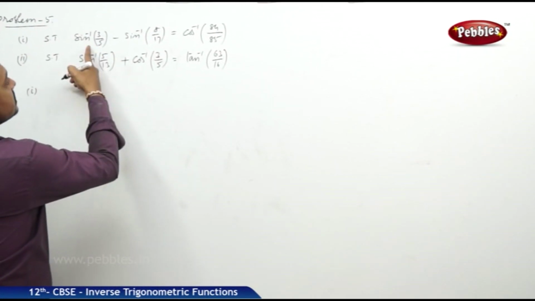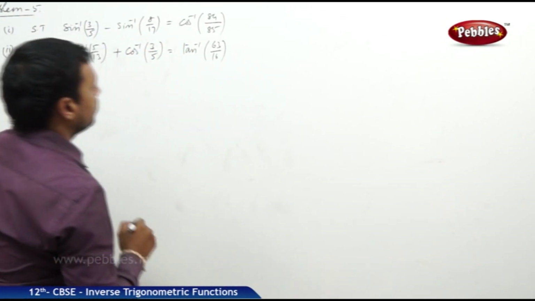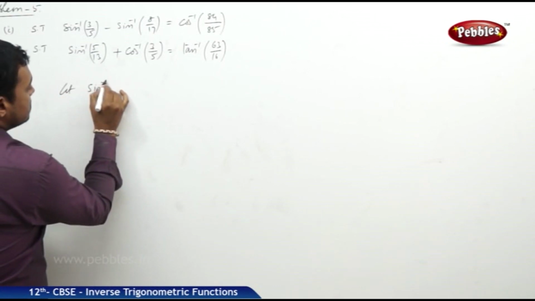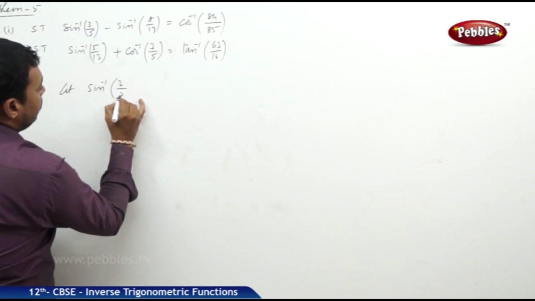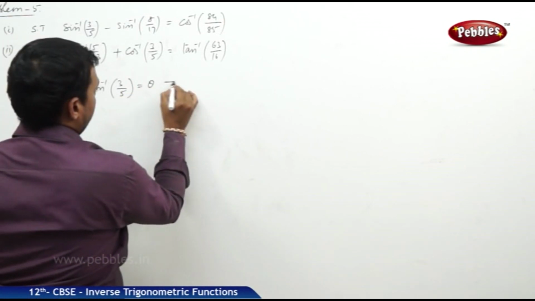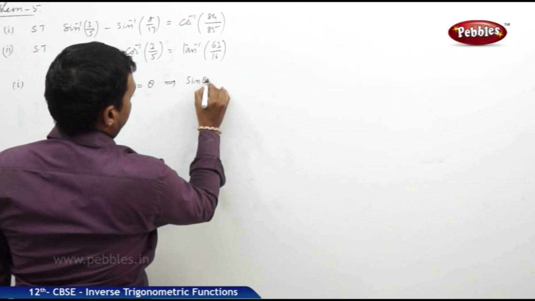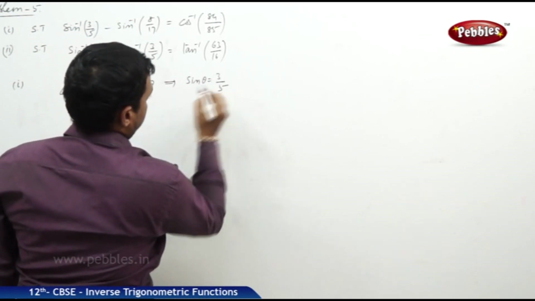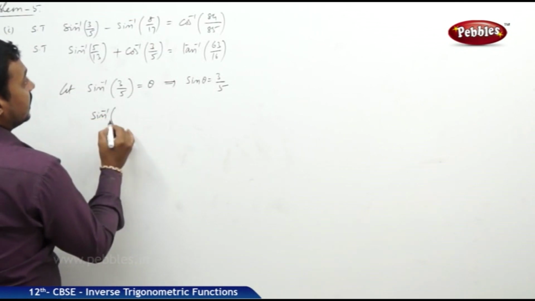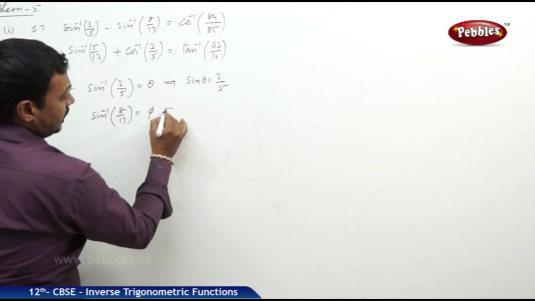So to prove sin inverse 3 by 5 minus sin inverse 8 by 17 is equal to cos inverse 84 by 85, let us consider sin inverse 3 by 5 is equal to some theta. That implies sin theta is equal to 3 by 5. Also take sin inverse 8 by 17 is equal to another quantity phi.